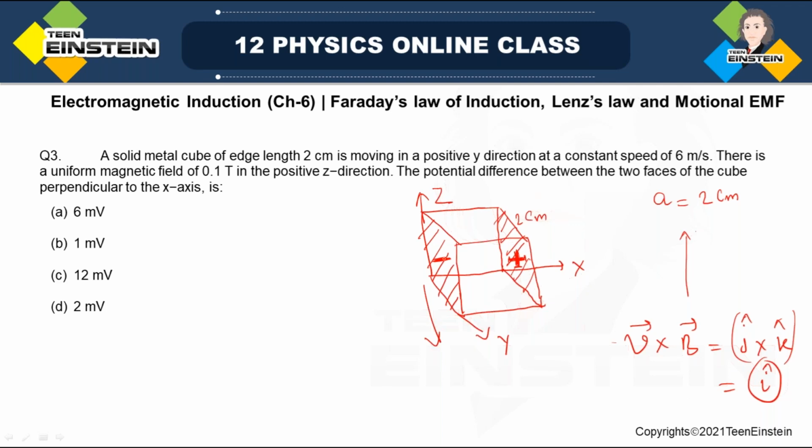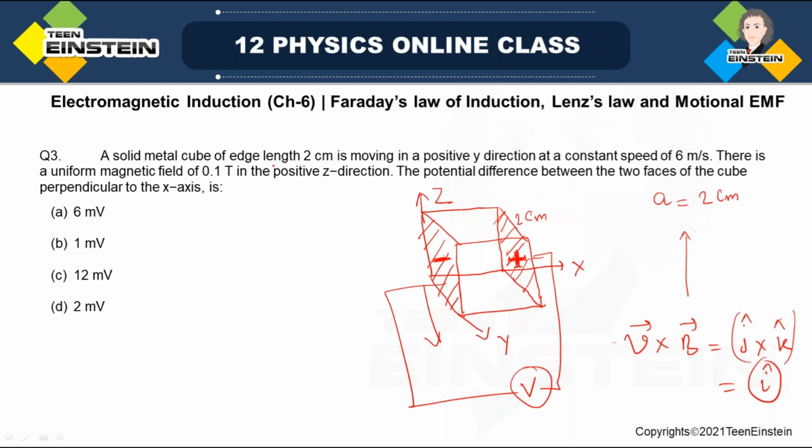That means there will be a potential difference between the two faces of the cube perpendicular to the x-axis. If you bring a voltmeter, you can see there will be an induced EMF between the two faces which are perpendicular to the x-axis. You have to find the value of the induced EMF.